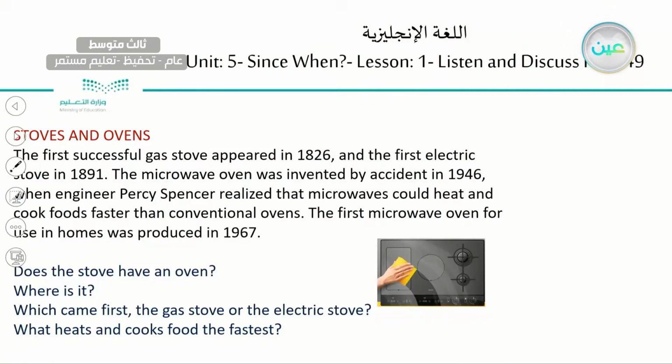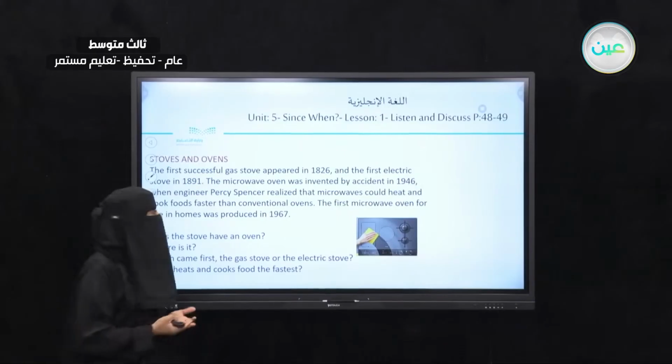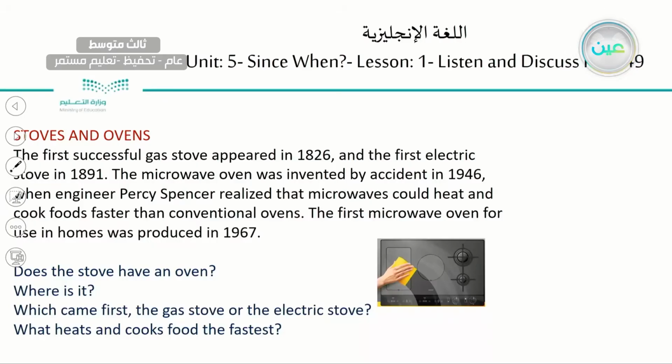Which came first, the gas stove or the electric stove? Which one do you think came first? Here they said the first successful gas stove appeared in 1826, and the electric stove in 1891. So which one came first?